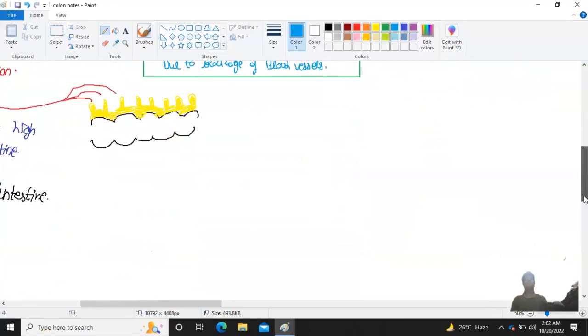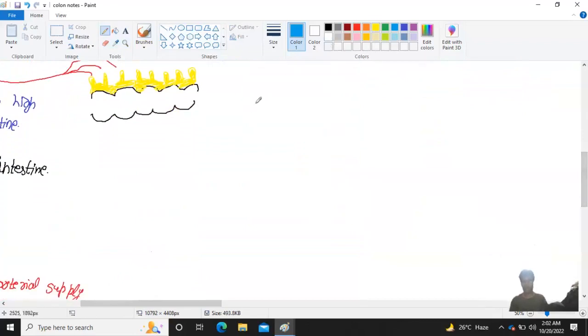Next, the point about clinical. For clinical, the study of the colon, which is called barium enema.